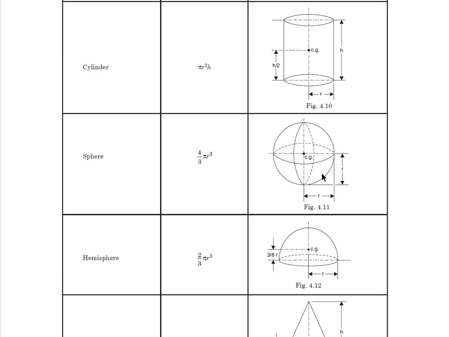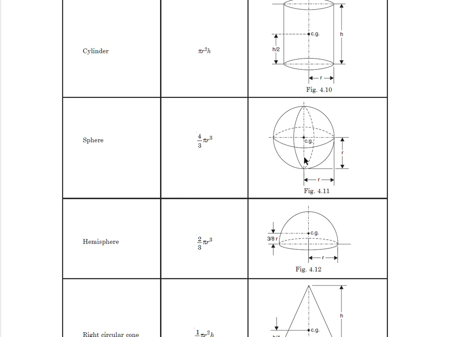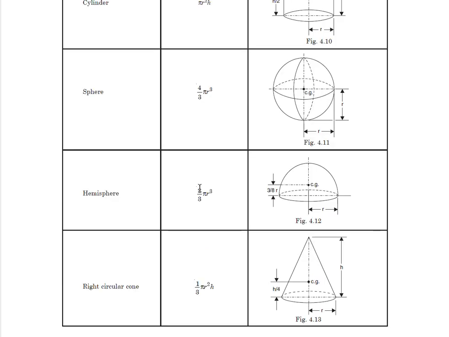For a sphere, the volume we already know, 4 by 3 pi r cube, and the center point of the sphere is the centroid. For a hemisphere, the volume is half of the full sphere, which means 2 by 3 pi r cube, and the position of the centroid is at the center in the xy plane, and in the z direction it is 3 by 8 into r.